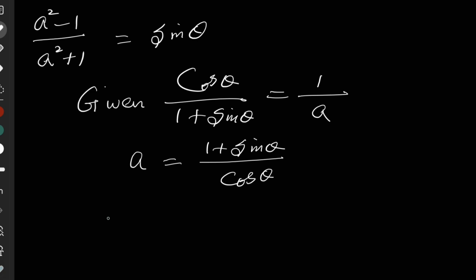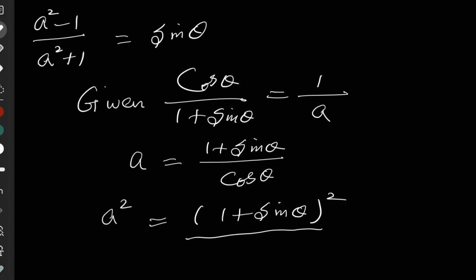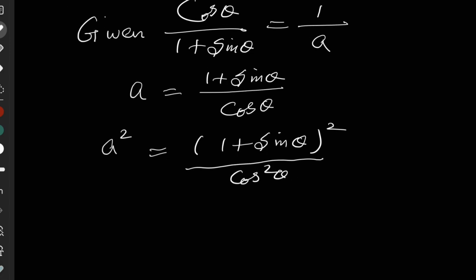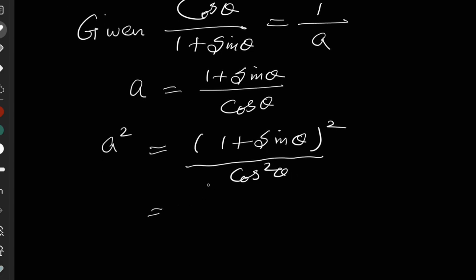Okay, find a squared, that is 1 plus sin theta the whole square divided by cos squared theta. See, for this problem, you need not expand this, you write this as it is, 1 plus sin theta the whole square.